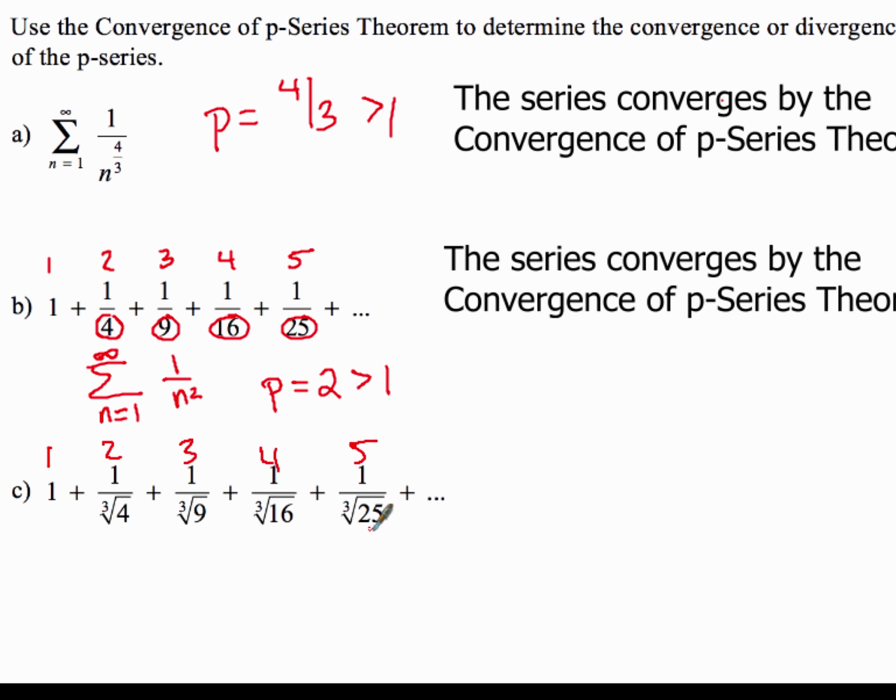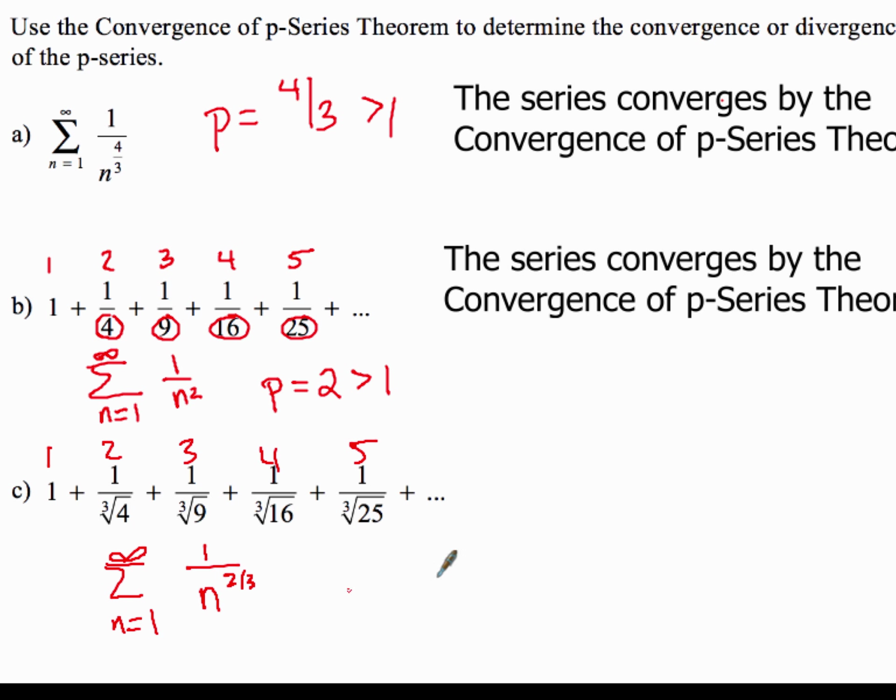And notice the expression for each one of these is going to start with n equals 1, go to infinity, and we've got 2. If you square that, you get 4. 3 squared, of course, will be 9. 4 squared is 16. But you've got this cube root piece. So that means you're going to have 1 over n to the 2/3 power.